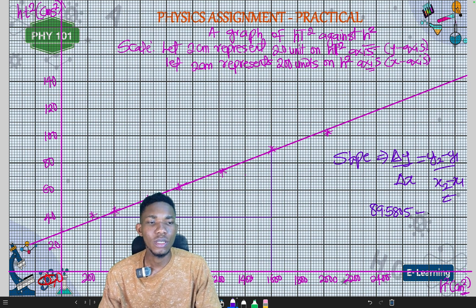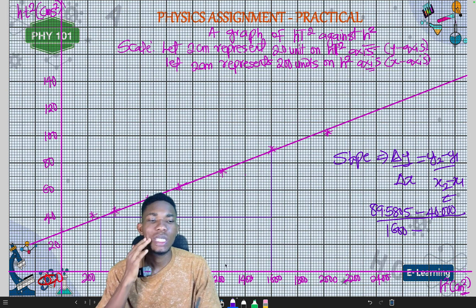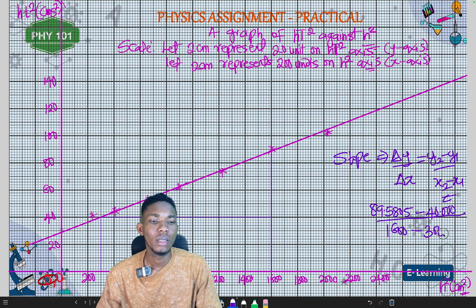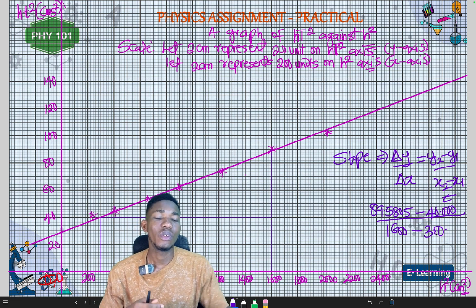Then here was 40, so you subtract 40, divided by x2, this value here, down, which was 1,600, minus x1, which is this value here, 300.